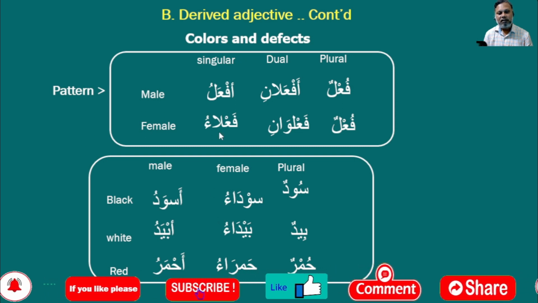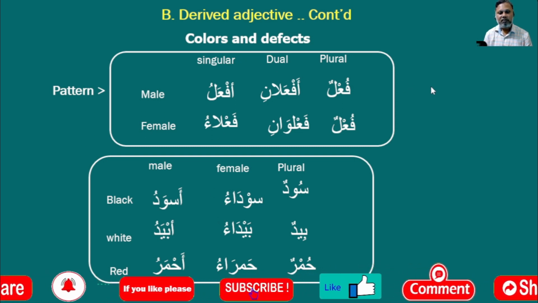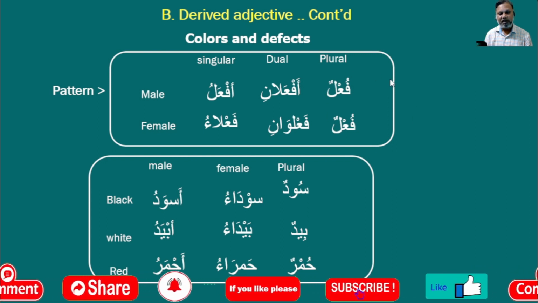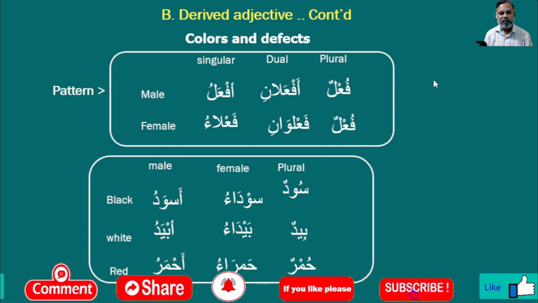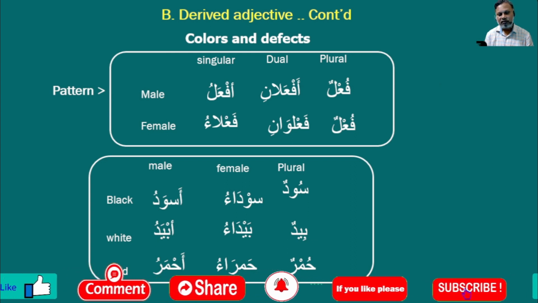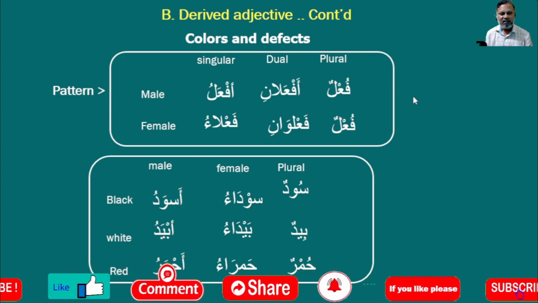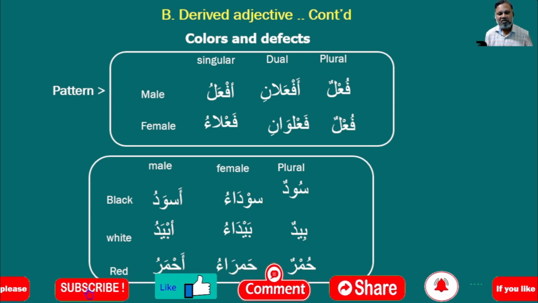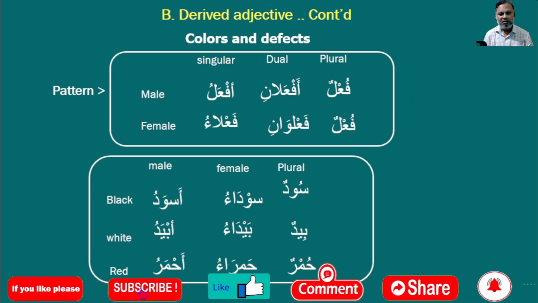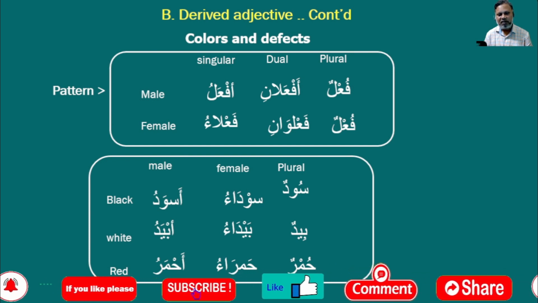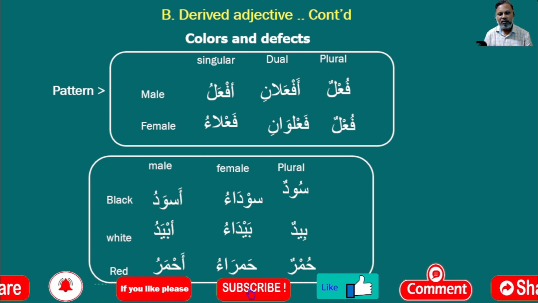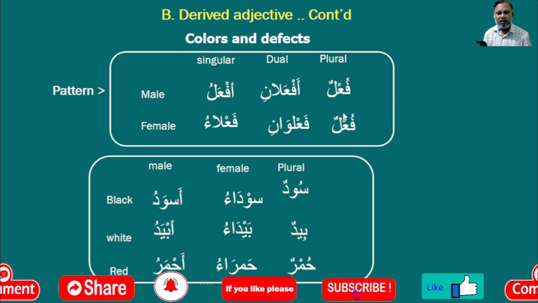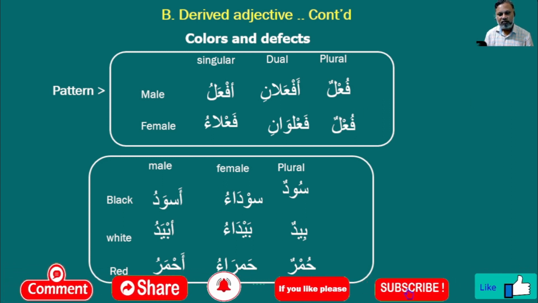These are the derived adjectives and derived nouns that normally use different patterns to produce them. Sometimes remembering or memorizing these patterns is also very difficult. So we will memorize some patterns, and at the same time we will directly memorize some words for derived adjectives and nouns.